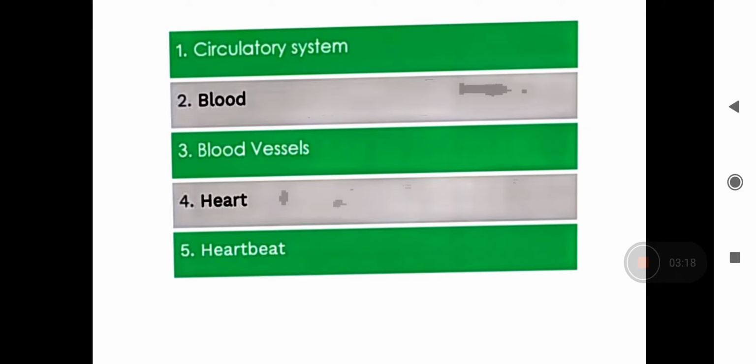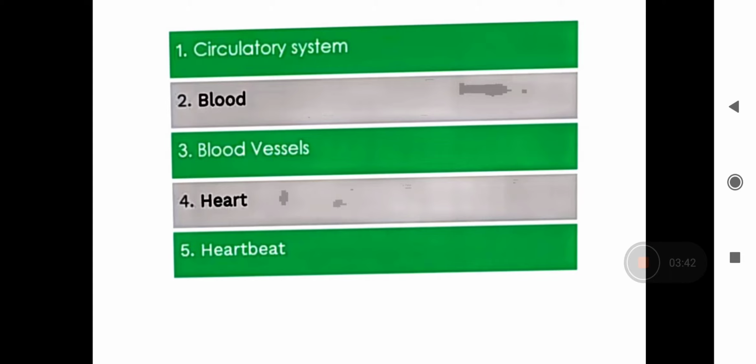The oxygen is diffused in the blood and reaches the cell where the glucose is already present, and it is broken down by oxygen. This is called respiration.